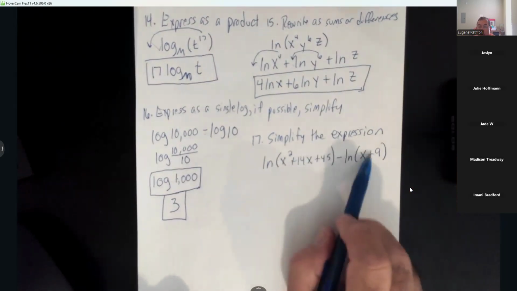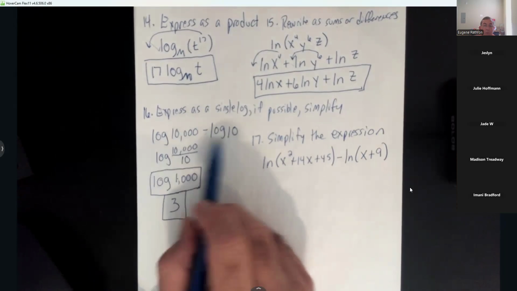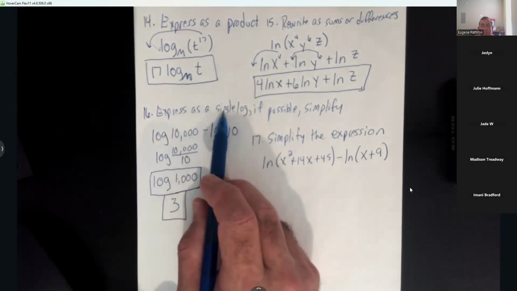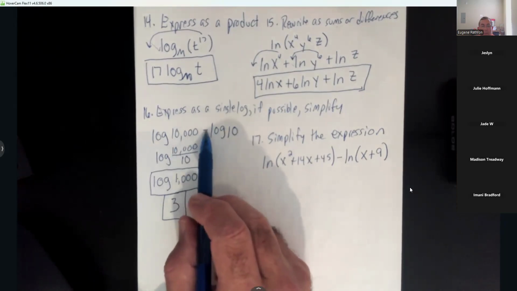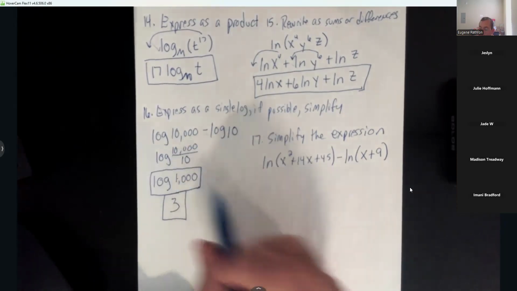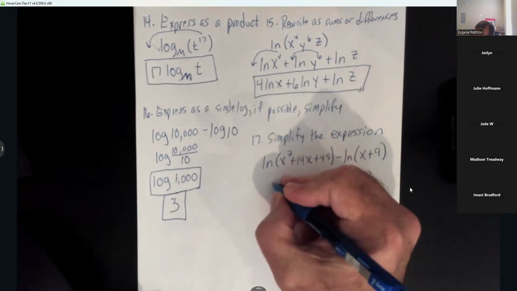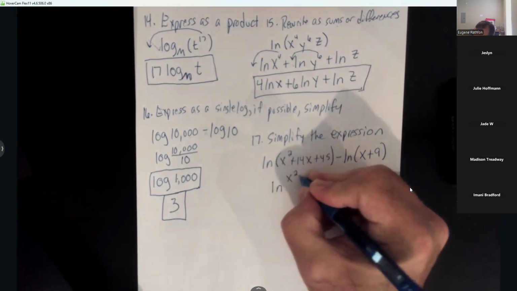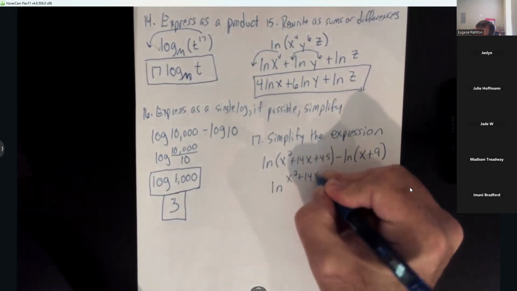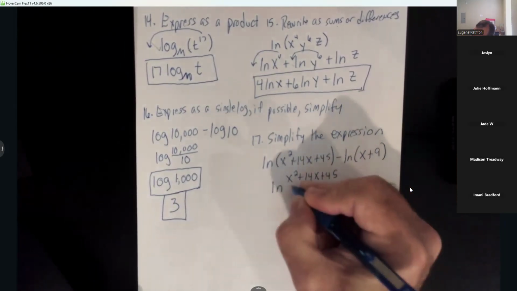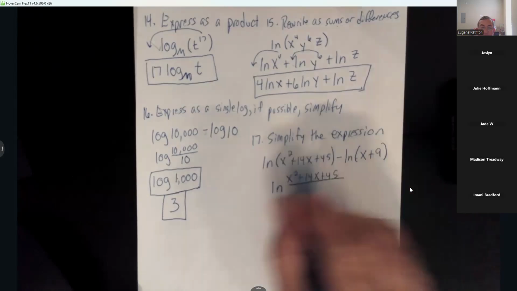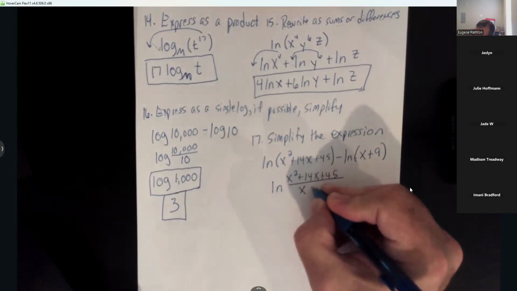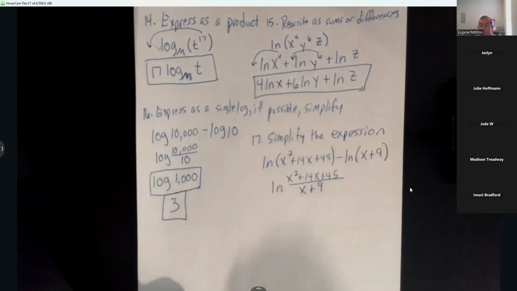So basically, I'll do to this one what I did to the one with the numbers here. I'll rewrite it as a single logarithm first, and since it's being subtracted, it's going to look like a quotient. So y'all, both of these are ln's, so bring out the ln. On top will be the x squared plus 14x plus 45. Once again, the stuff being subtracted goes to the bottom, so that'll be the x plus 9.